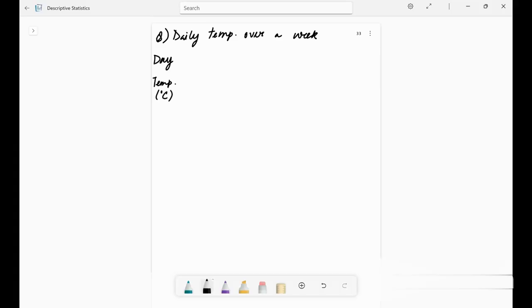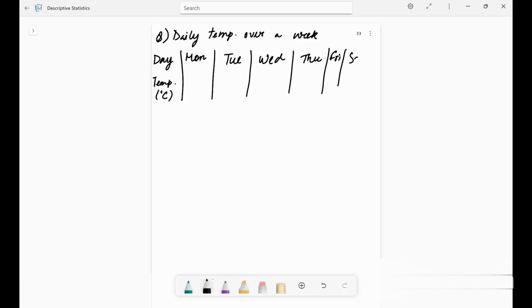Temperature is in degrees Celsius, okay? First is Monday, then Tuesday, Wednesday, Thursday, Friday, Saturday, and Sunday. Now let's write the temperatures: 30, 32, 34, 33, 31, 29, and 28.